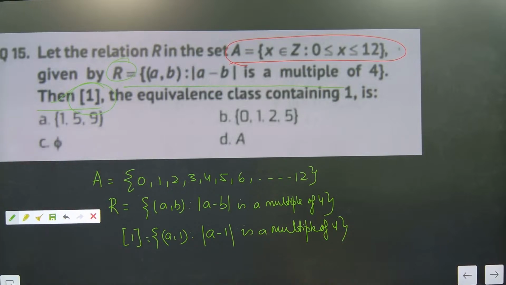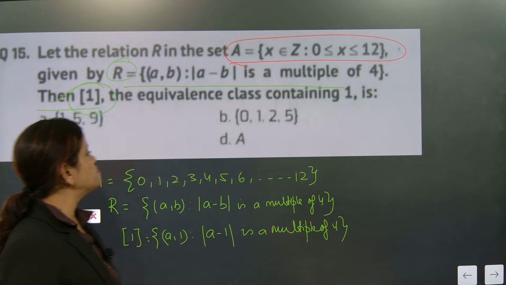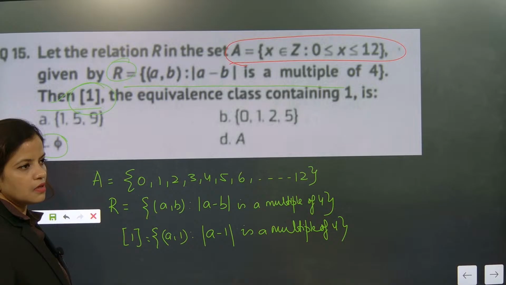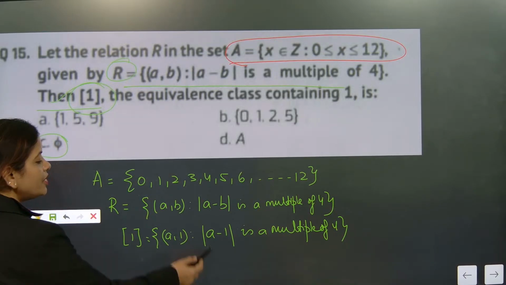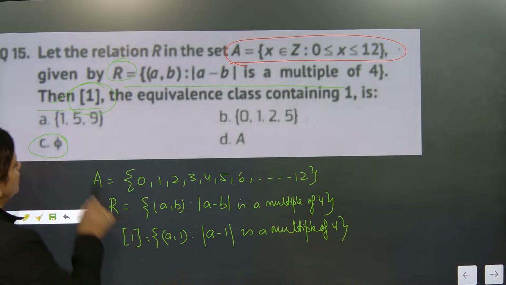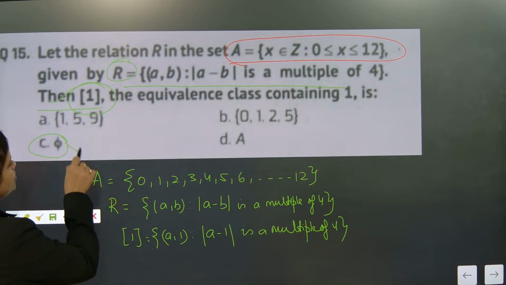Come on, check this one out. Which number? Option A. See, 5 is not possible because the moment you are putting 5, 5 minus 1 is not divisible by 4, this is wrong.